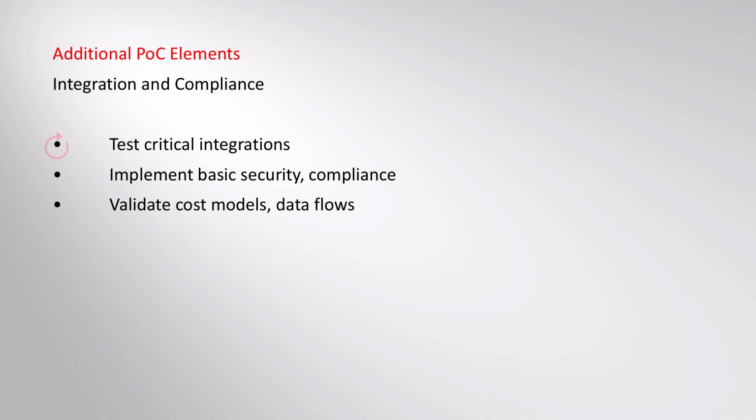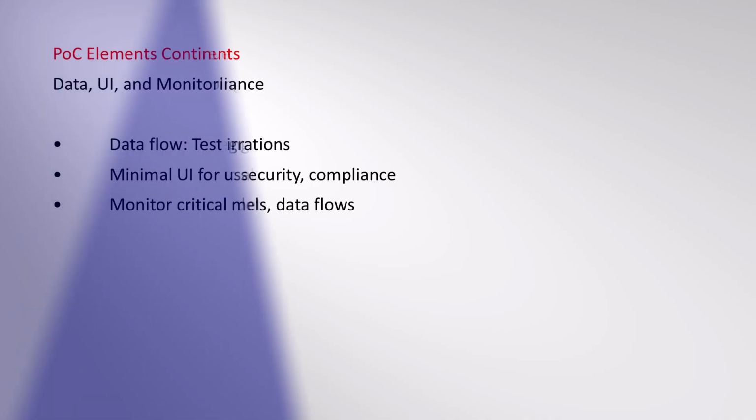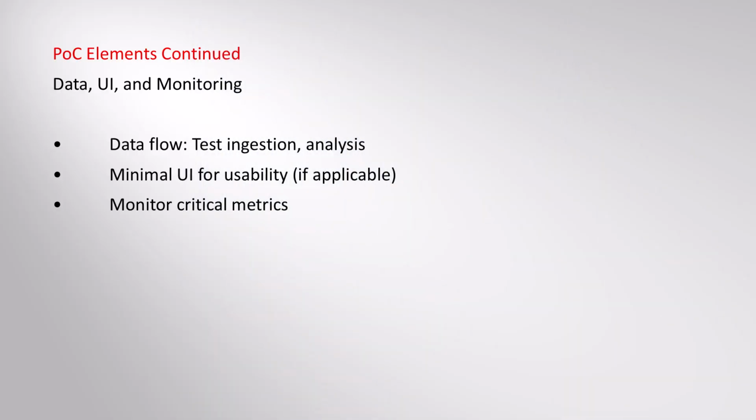Security and compliance. Implement essential security measures to demonstrate data protection in the proposed environment, emphasizing project-specific needs, such as data encryption for sensitive information. Cost efficiency. Showcase cost effectiveness by focusing on elements like auto-scaling or selecting appropriate instance types. Data management.